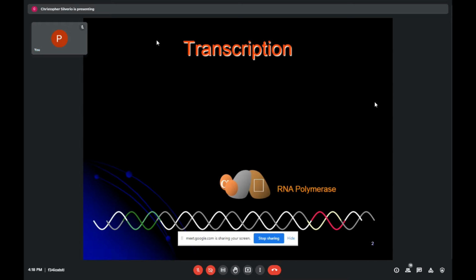In the transcription process now, how does it differ from the replication of the DNA? When we are talking of transcription, that means that the DNA is being copied.